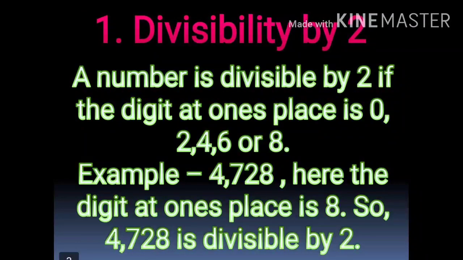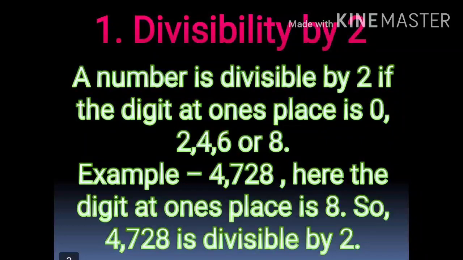A number is said to be divisible by 2 if the digit at its ones place is 0, 2, 4, 6 or 8. Or we can say the number at its ones place is an even number. Now for example, 4728. Here the digit at the ones place of this number is 8, which is an even number.